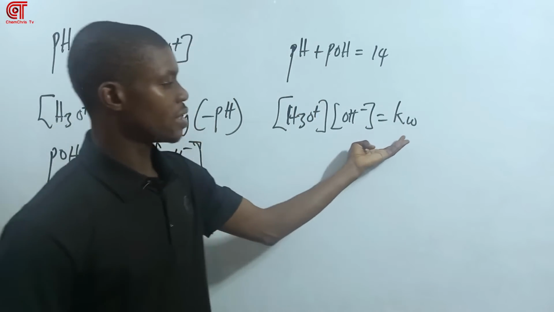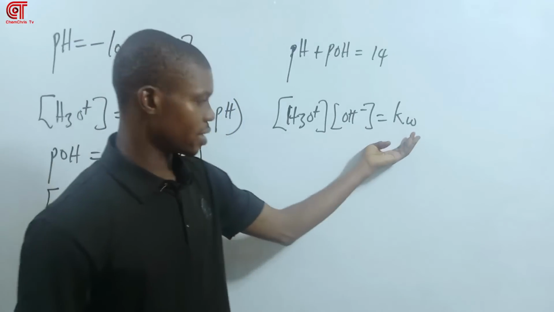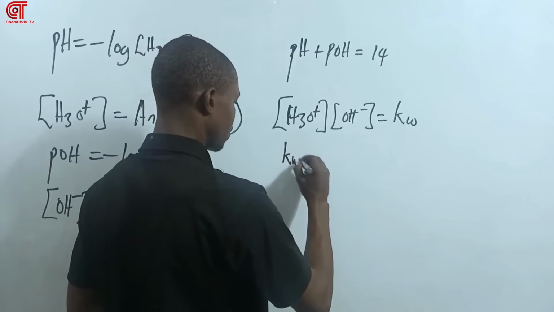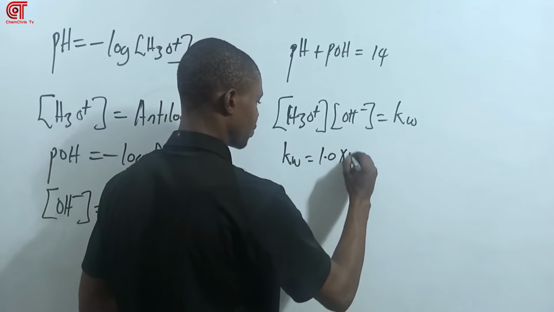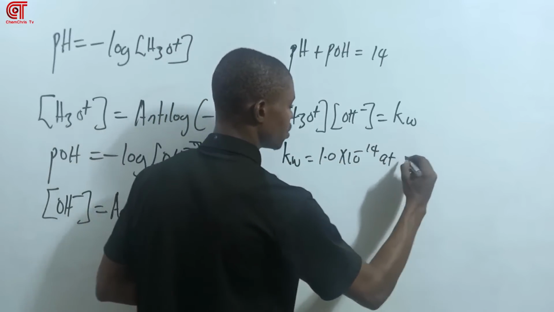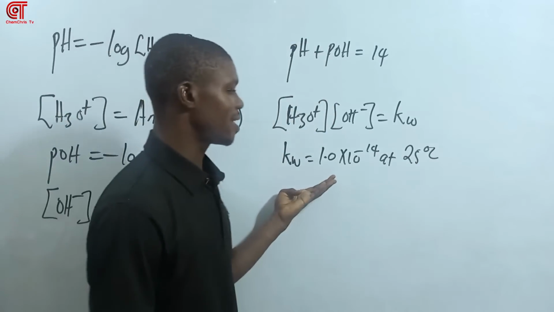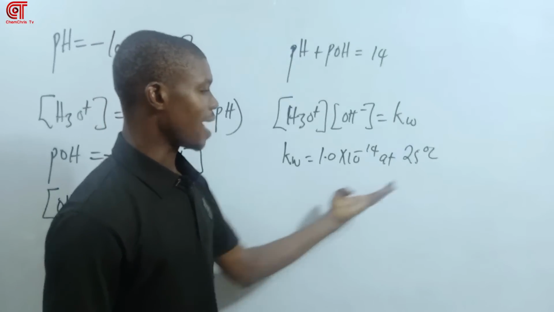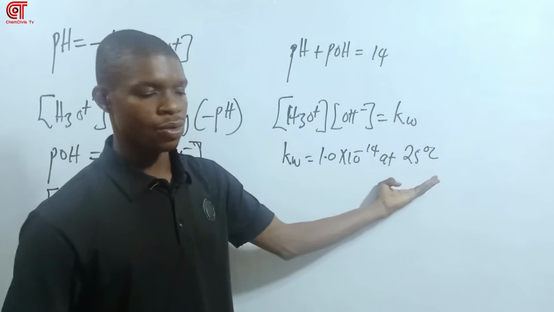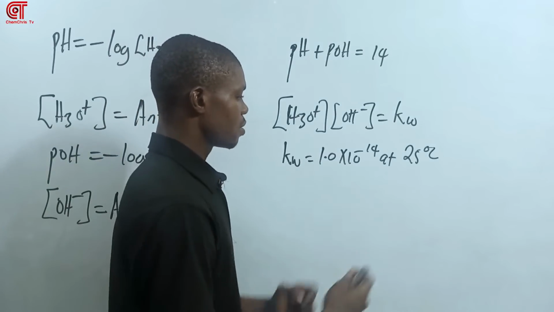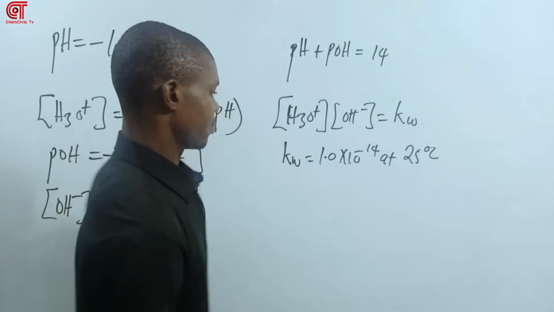Kw is known as the ionization constant for water. Kw equals 1.0 times 10 to the minus 14 at 25 degrees centigrade. This constant is temperature dependent, but at 25 degrees centigrade, which we are going to see most, it is 1.0 times 10 to the minus 14.